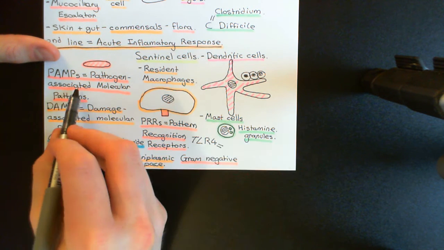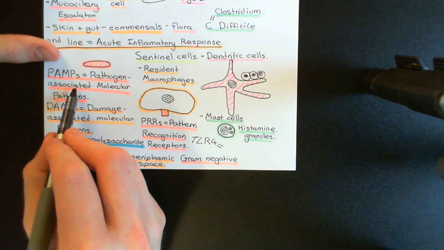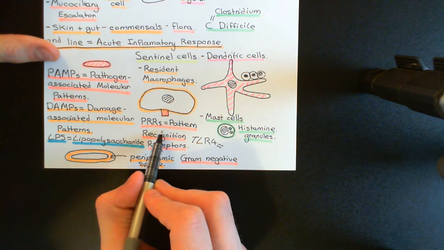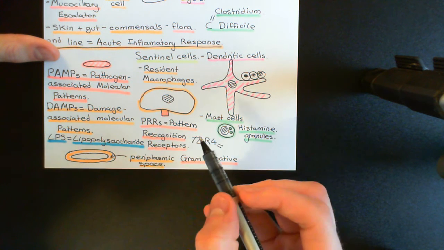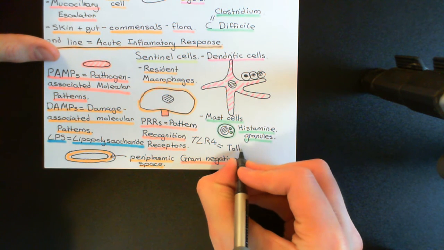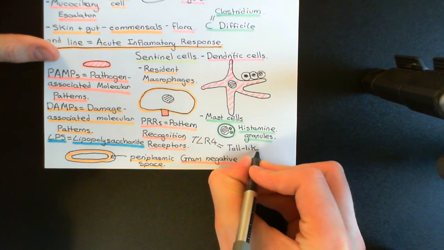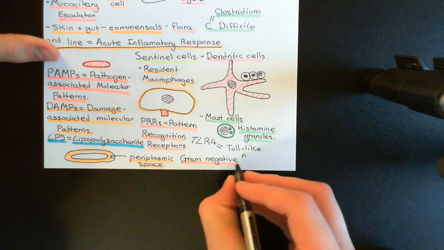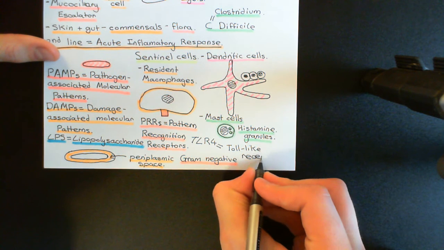So these pathogen-associated molecular patterns have pattern recognition receptors which are then going to activate the sentinel cells. So toll-like receptor 4 is the specific pattern recognition receptor for the PAMP LPS. So this is toll-like receptor 4.